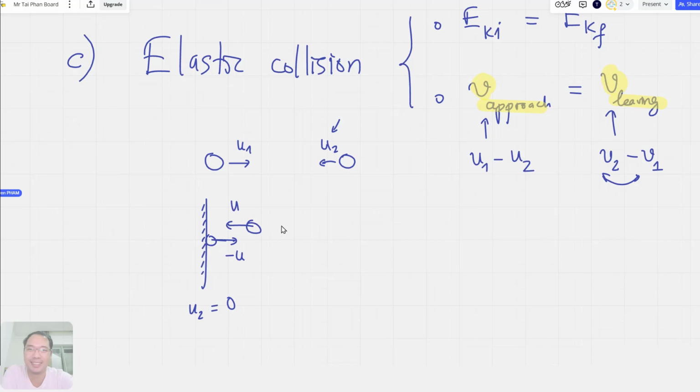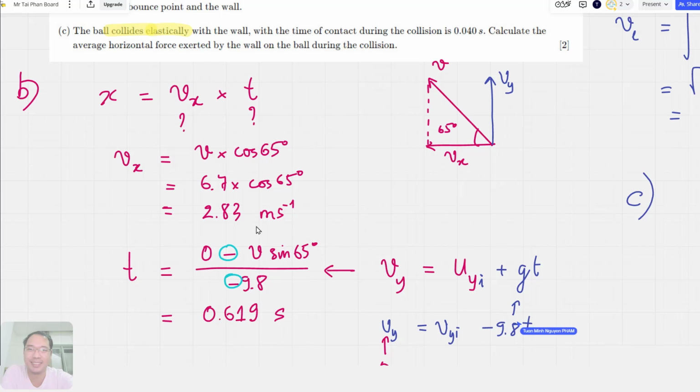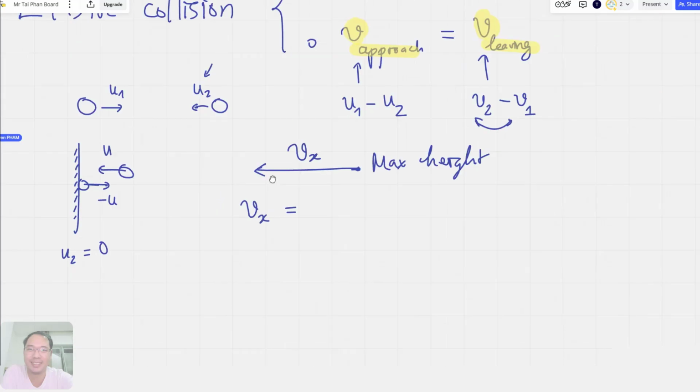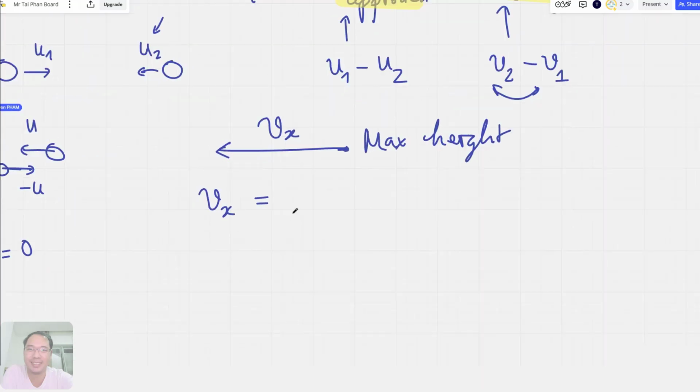That velocity when it hits the wall is the Vx only, because the vertical component is 0 at the maximum height. Therefore the velocity of the ball before hitting the wall is the Vx we calculated in question B, 2.83 meters per second, rightward.